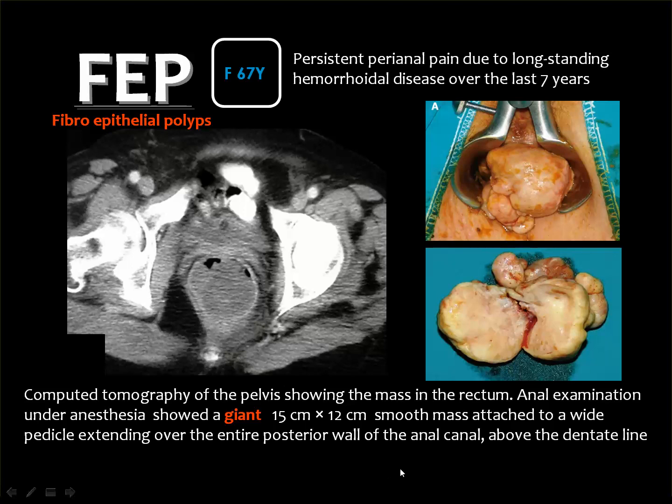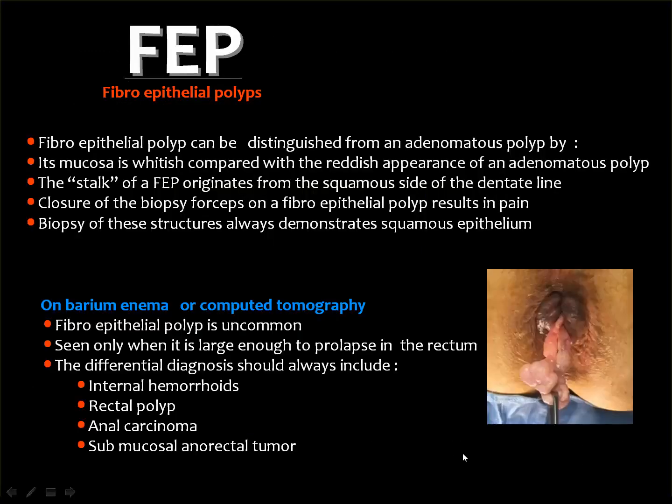You may put some differential diagnoses in this case, but for many of the lesions that we will discuss in this part occurring in the anal area, you cannot reach the diagnosis unless you have a guided biopsy.